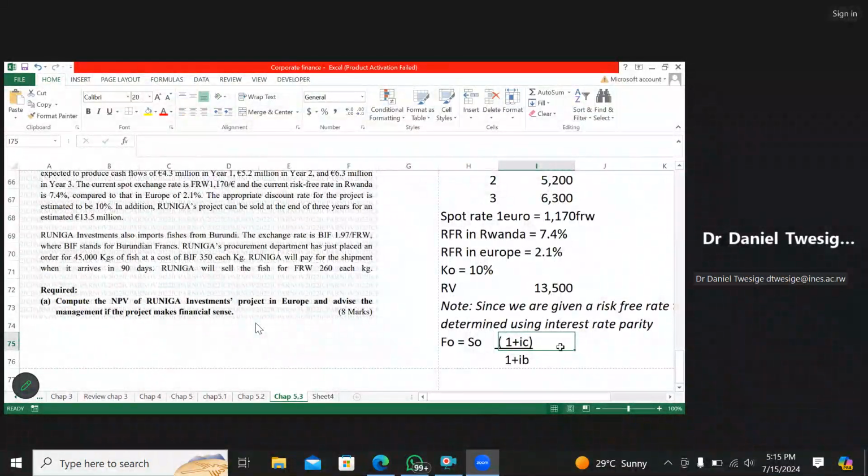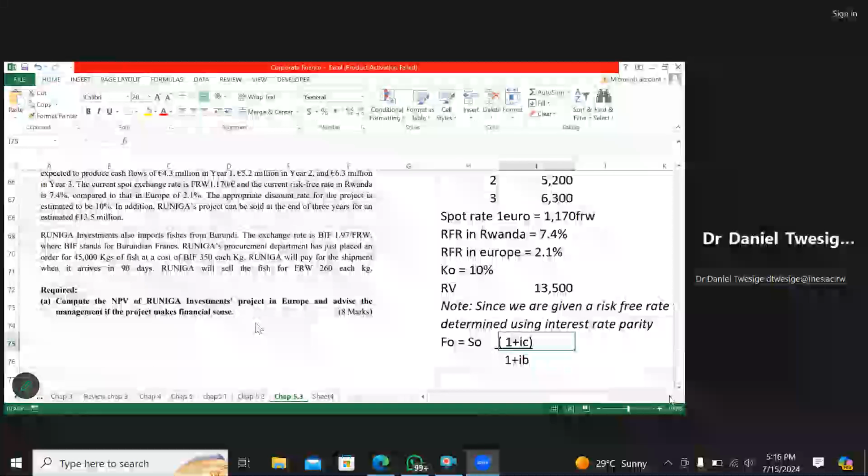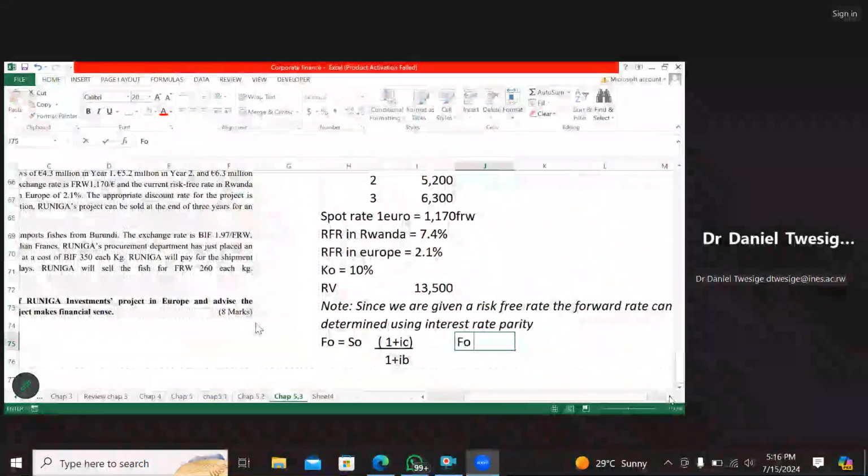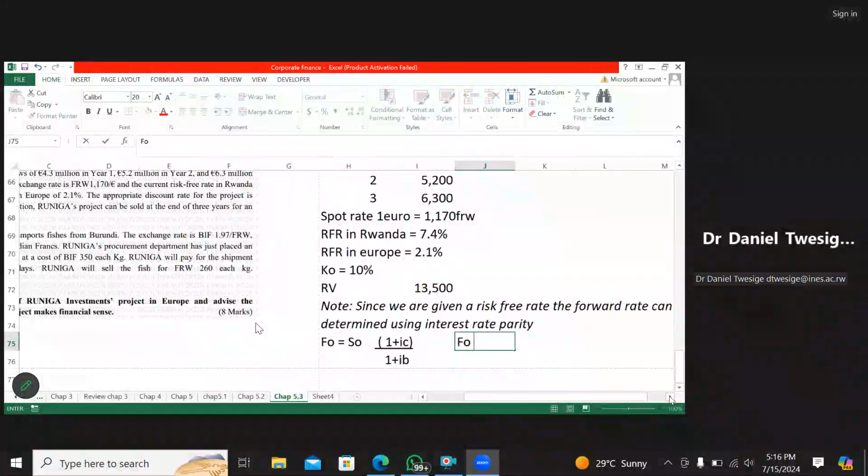So our spot rate, if we were to put that, our forward rate will be 1170 into 1 plus 0. What? Is it 2175?